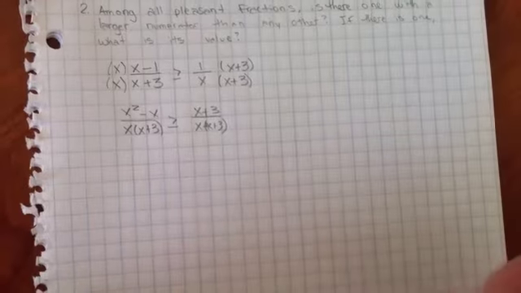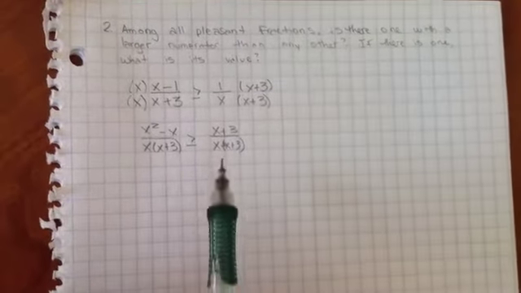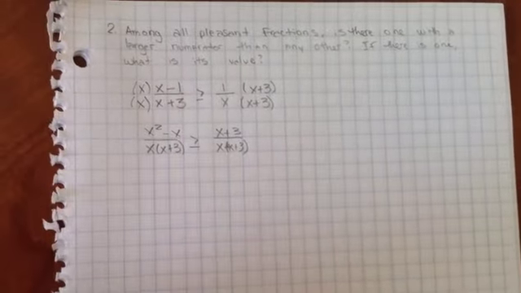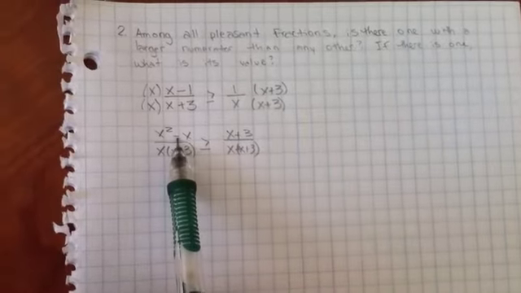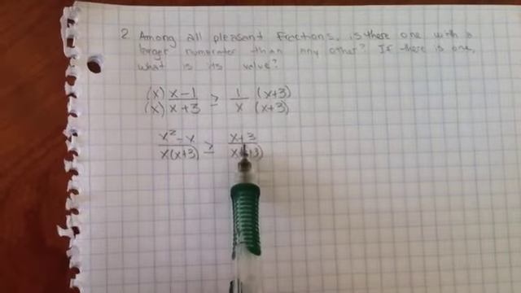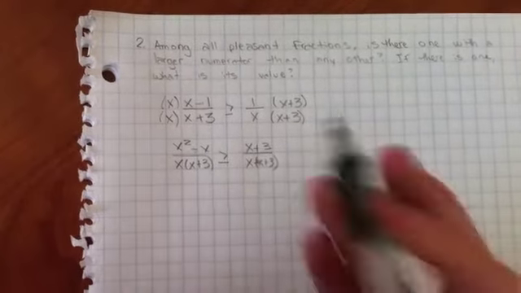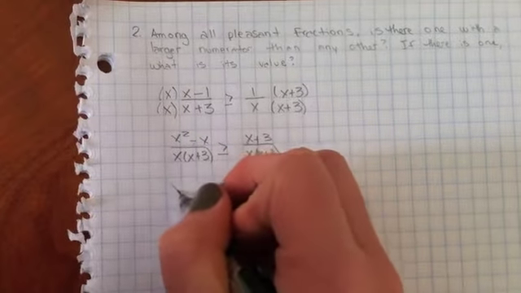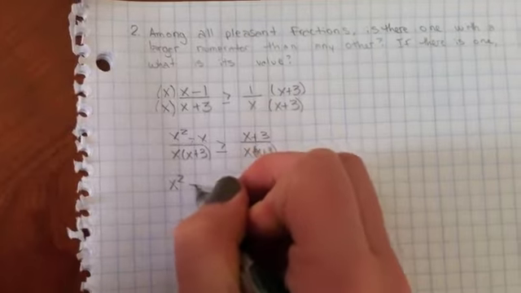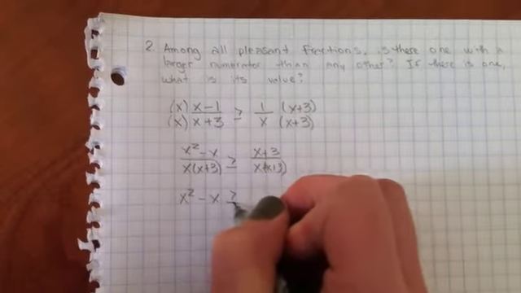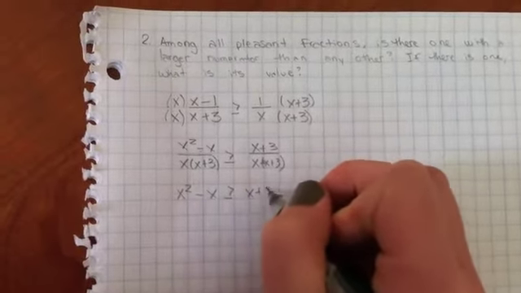And then you know that you can get rid of the denominator now because this numerator will always be greater than this numerator no matter what the denominator is. So you can forget that for now. So x squared minus x is greater than or equal to x plus 3.